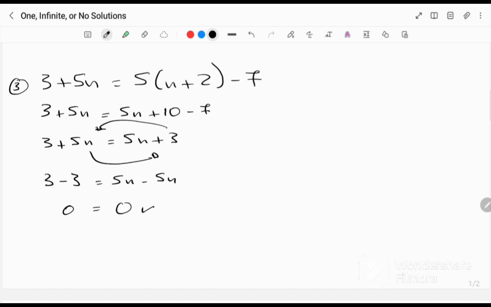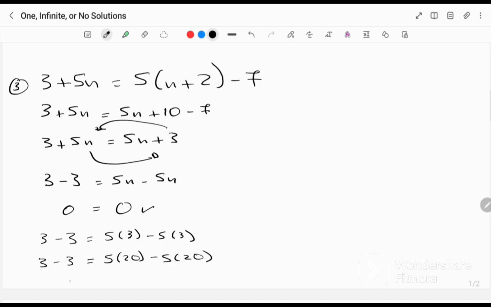And this is true. Now, if I place any other value for n, say n is 3, I will have 3 minus 3 is equal to 5 times 3 minus 5 times 3. If n was 20, I would have 3 minus 3 is equal to 5 times 20 minus 5 times 20.